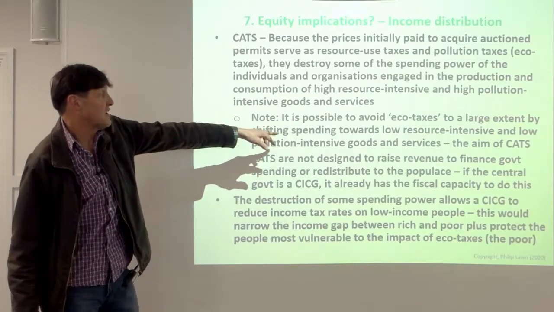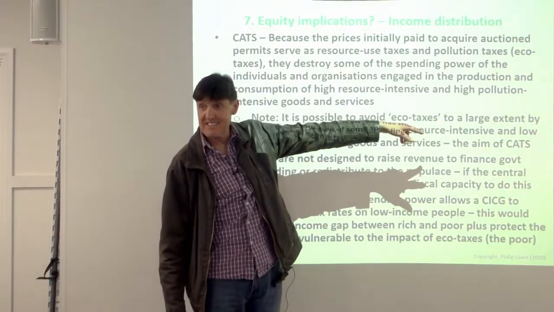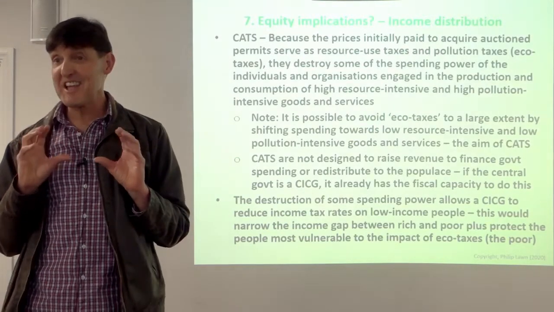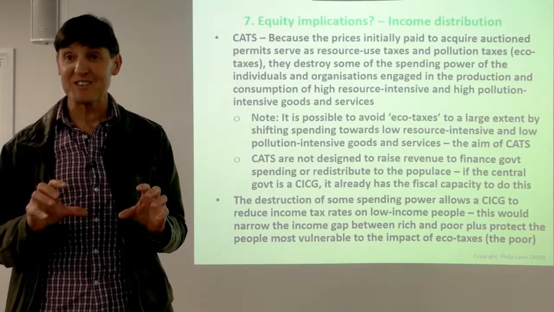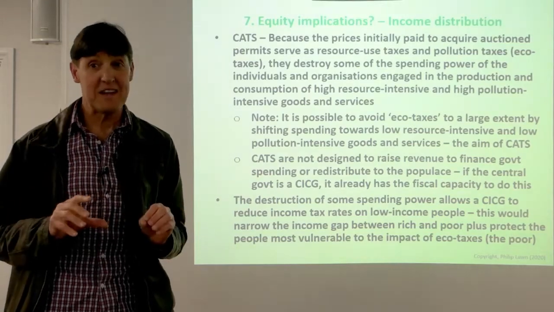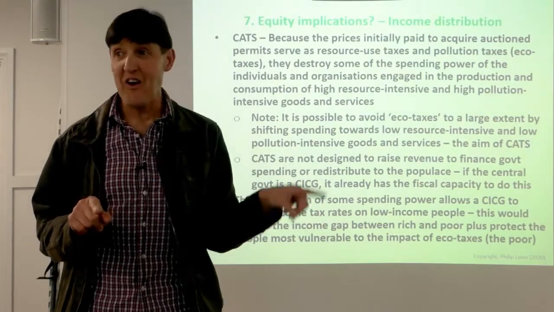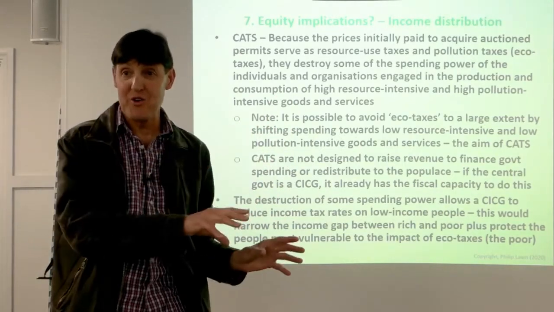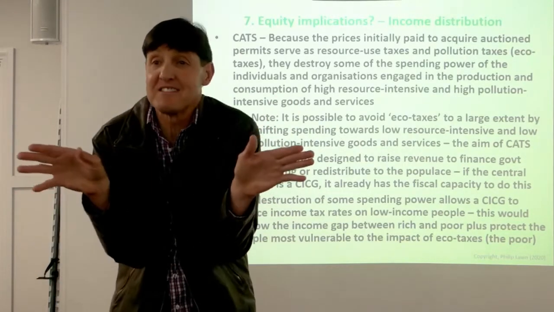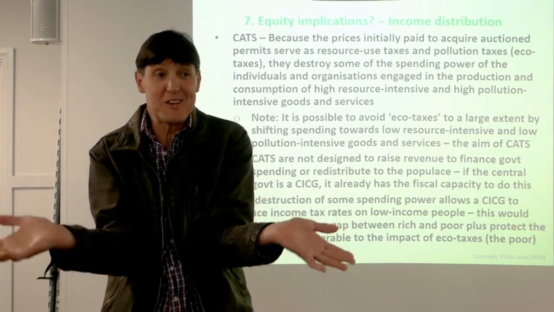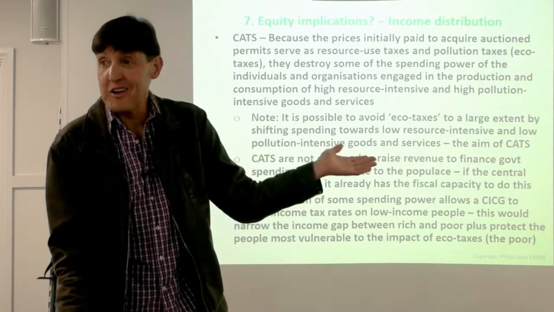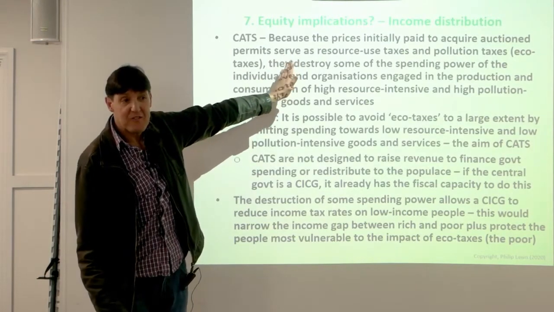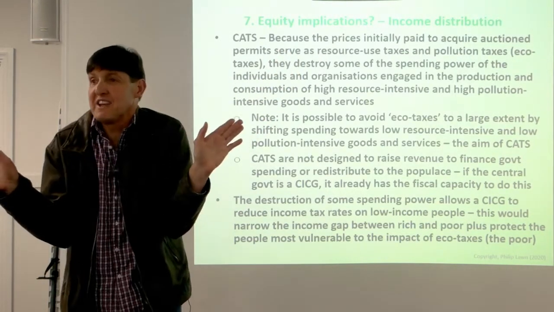Now, of course, you can avoid the eco taxes. In fact, if the system's working well, people will avoid them, because that's the aim of the system. You don't want people paying the taxes, because if people are paying the taxes, it means they're not switching from the high resource intensive, high pollutive goods to the low. And the government doesn't need the taxes if it's a central government. It's not really receiving any revenue anyway.